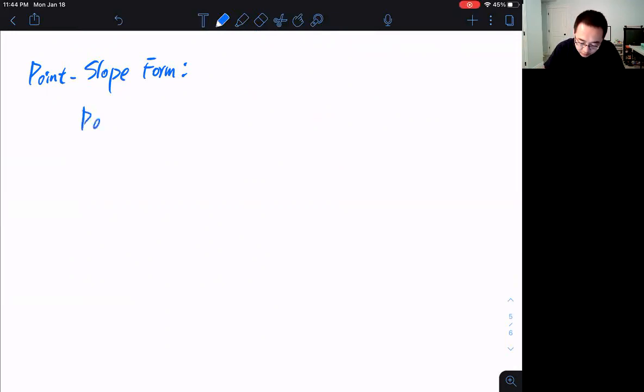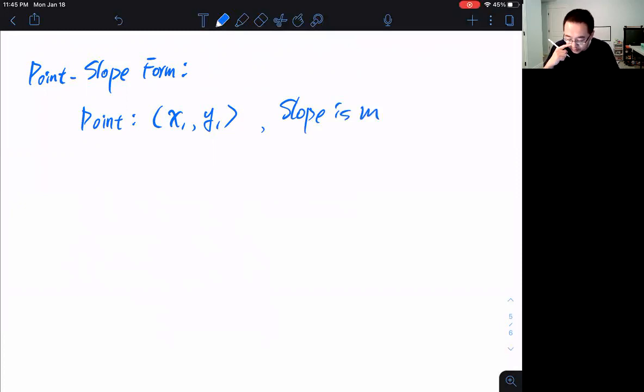Here x1 and y1 are values, not variables, and the slope is m. Then the general form, which I'm writing in all letters, is y, the variable, minus y1, the value, equals m times x, the variable, minus x1, the value.